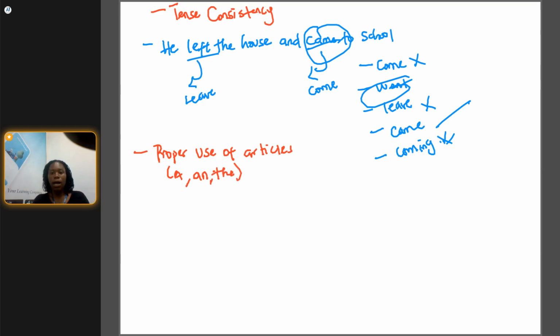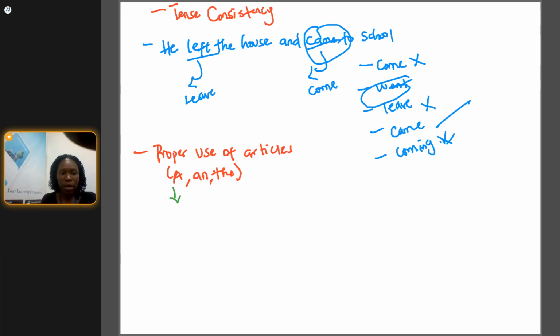And I want to believe that we know how to use these articles. When you see a, you know that it's going to come before a word that has a consonant sound, and an for vowel.